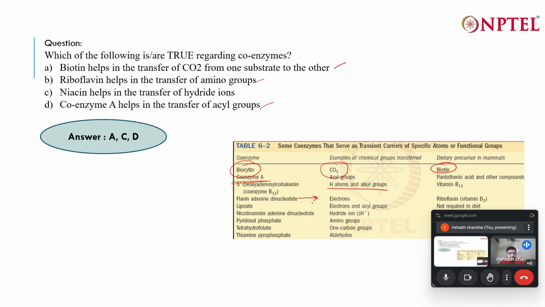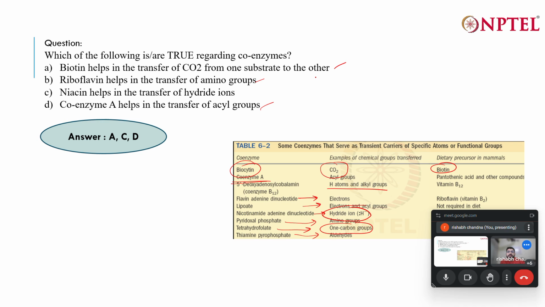FAD transfers electrons, and acyl groups. NAD, that is nicotinamide adenine dinucleotide, transfers hydride ions. Pyridoxal phosphate transfers amino groups, tetrahydrofolate transfers one carbon groups, and thiamine pyrophosphate transfers aldehydes.